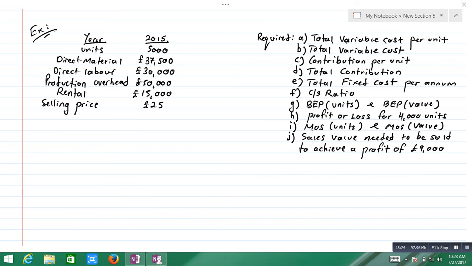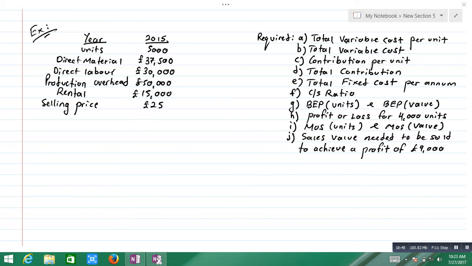Examples of variable costs can be direct material. Material costs won't be the same every time because different material, different pricing. Sometimes they might give you a discount, so the material price will be different. If you buy in bulk, the price will be different. If you buy in a small quantity, the price will be different.